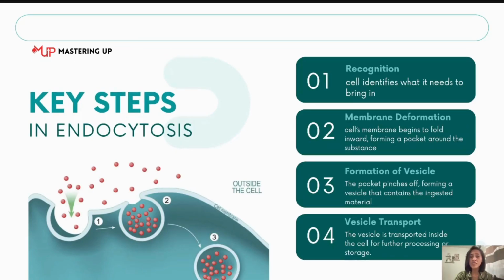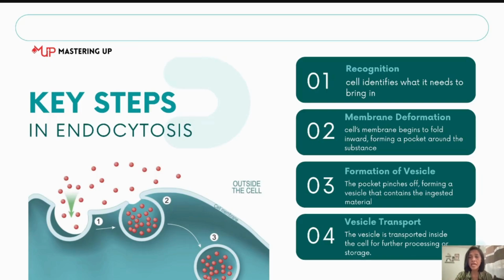Now let's move on to the key steps in endocytosis. Step 1, recognition. Receptor proteins on the cell membrane recognize specific molecules. Step 2, membrane invagination. The membrane folds inward, forming a vesicle around the substance.